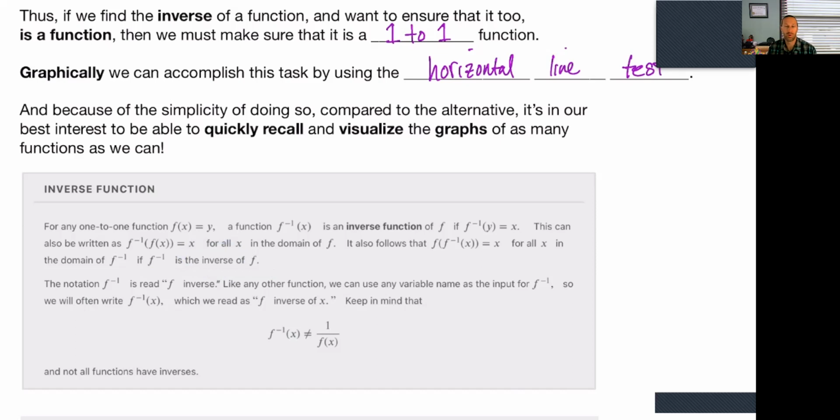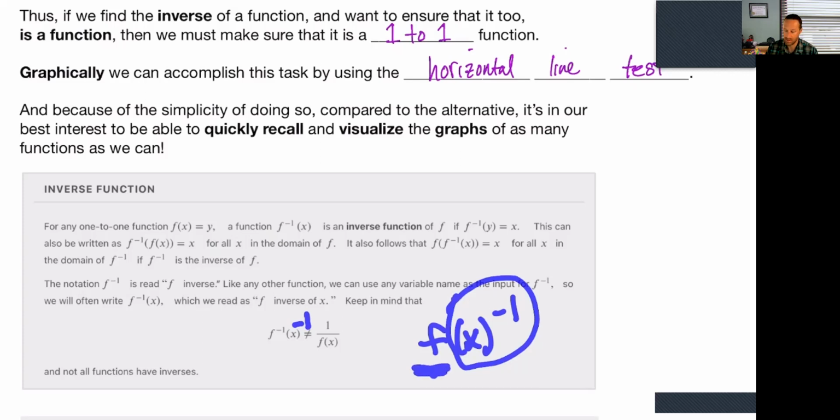So how do we know when we should be flipping things and doing the reciprocal for those -1s, or it's referring to the inverse? Well, to make sure that you guys understand, since we're dealing with the function, we're going to put it after the f and not after the x. Because if we had this, that then would be pertaining to the x, not the inverse of a function. That would actually look like this.